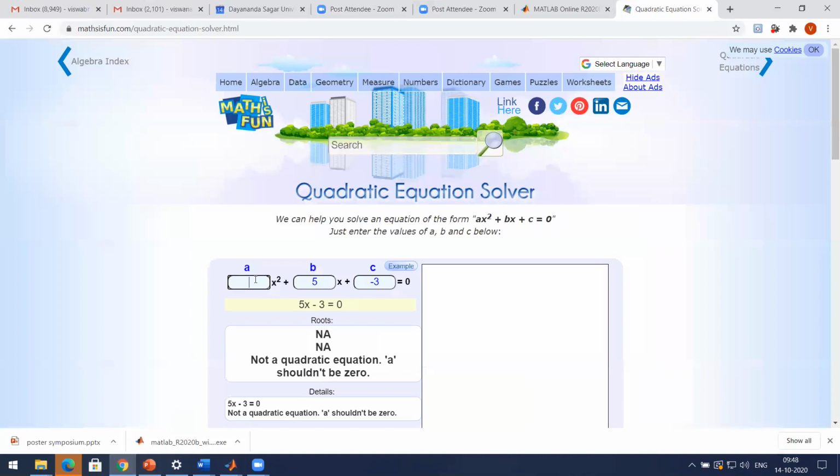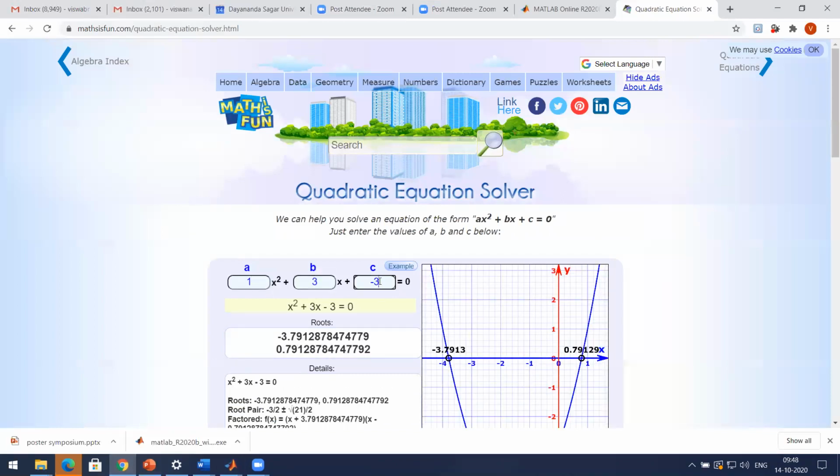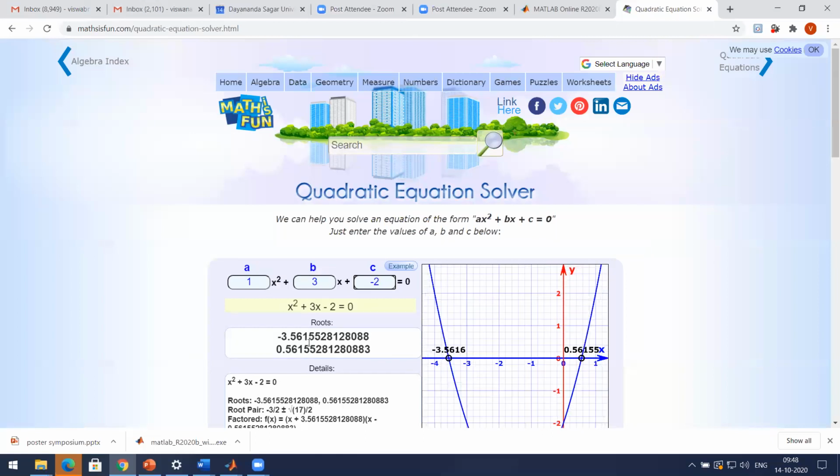So this will be 1 s square plus 3s minus 2. What is the root? Minus 3.56 and 0.56. Correct? Yes. So you have to solve this quadratic equation for the roots: minus 3.56 and 0.56.